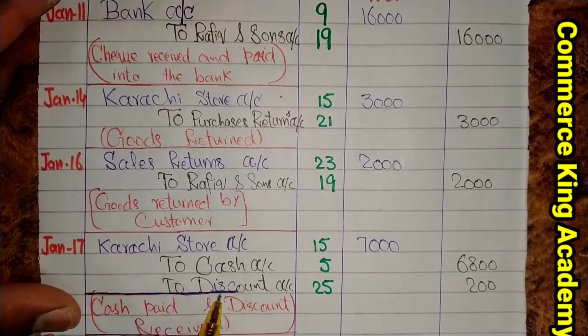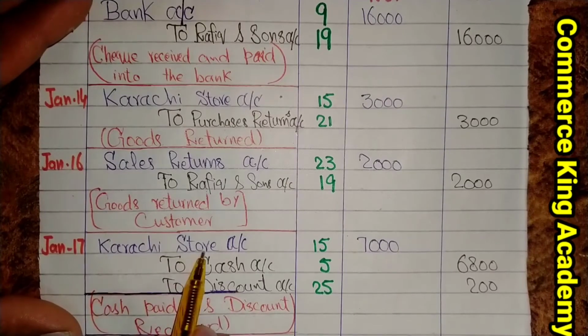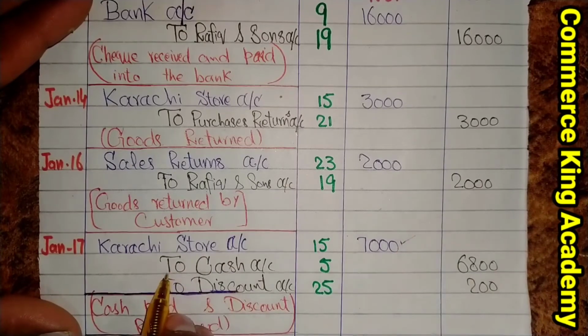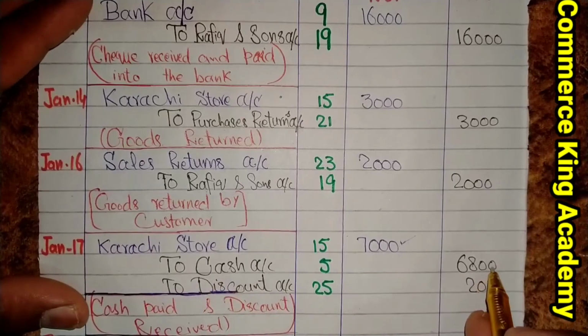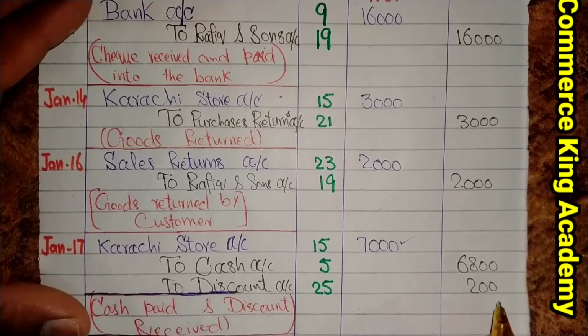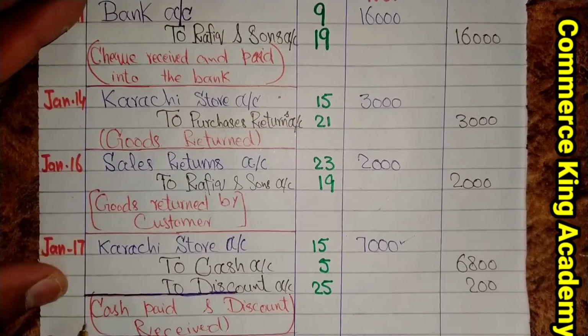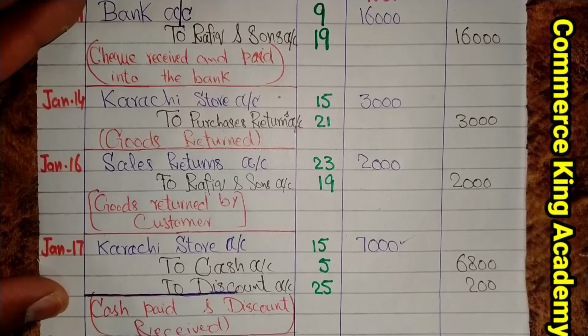So this is income for the business, okay. So the entry will be: Karachi store's account total value, the remaining balance, is 7,000, and cash paid by the business to Karachi store 6,800 rupees and received 200 rupees as a discount received. So the details will be cash paid and discount received, okay.